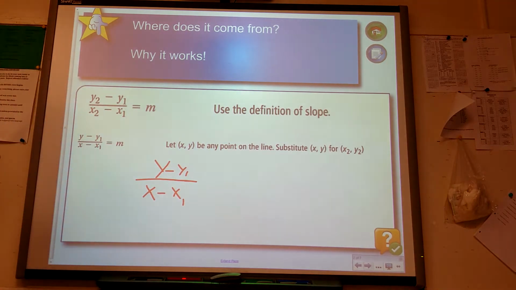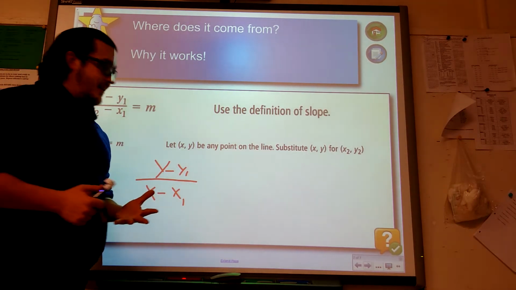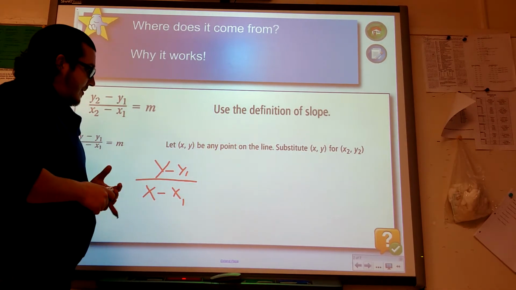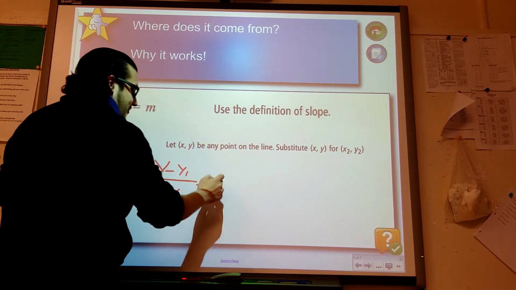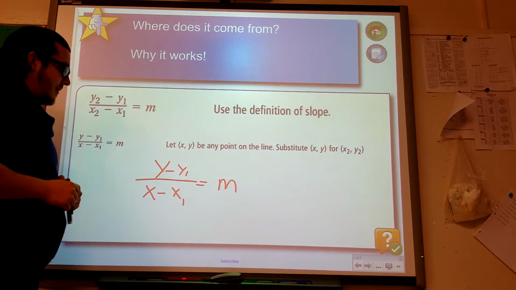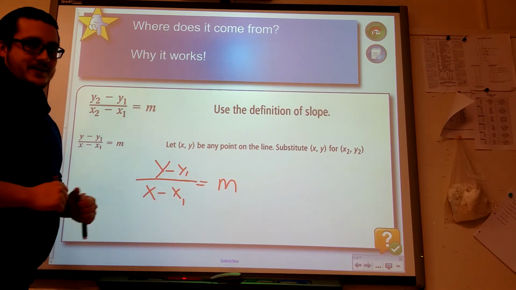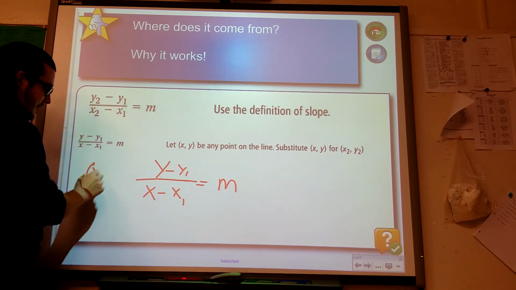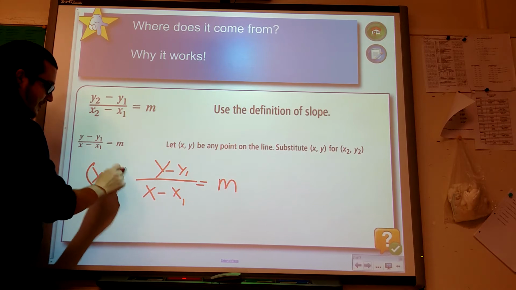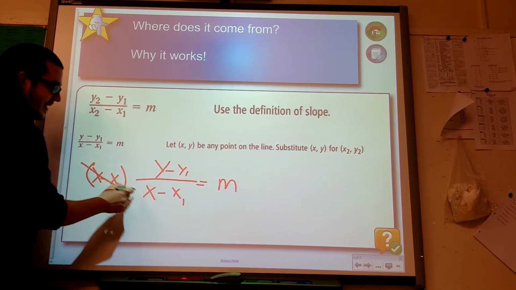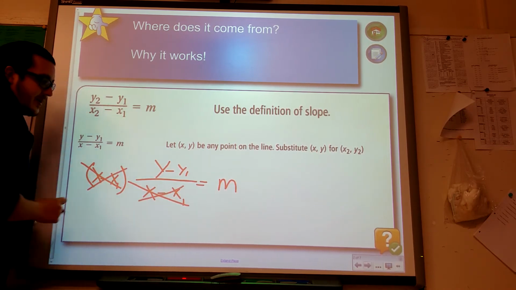So you're looking at this equation. This is still slope technically, but we want to solve. We know that this is equal to m. If we want to get y by itself, we have to get rid of all this in the denominator. So what we would do is multiply by x minus x1. That will cancel these out. There you go, bye-bye.